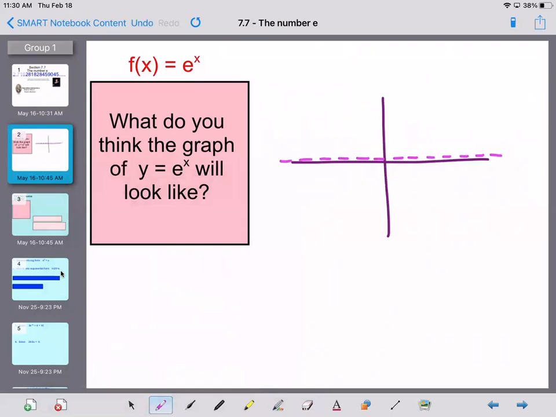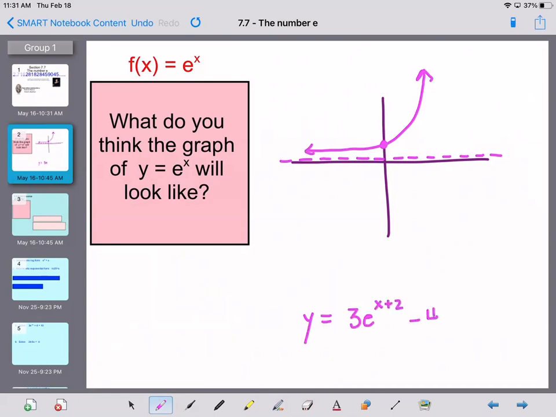E to the 0 power, anything to the 0 power is 1. So my y-intercept would be at (0, 1). Because it's exponential growth, because the base is bigger than 1, I know that my curve looks like this. And that's my graph.